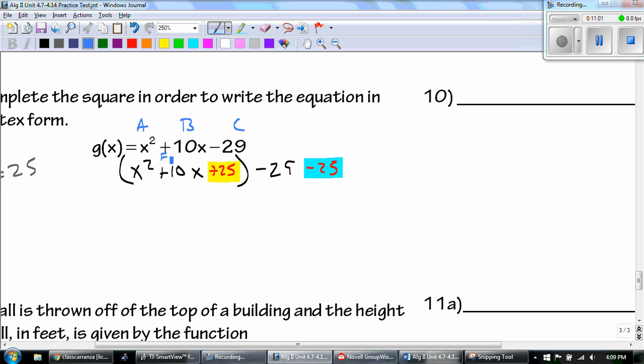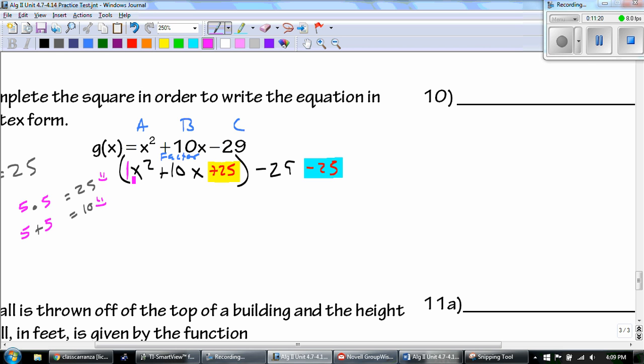What's in parentheses, this is what I need to factor. So what numbers multiply to get to 25 and add to get to 10? Yeah, it should be 5 and 5.